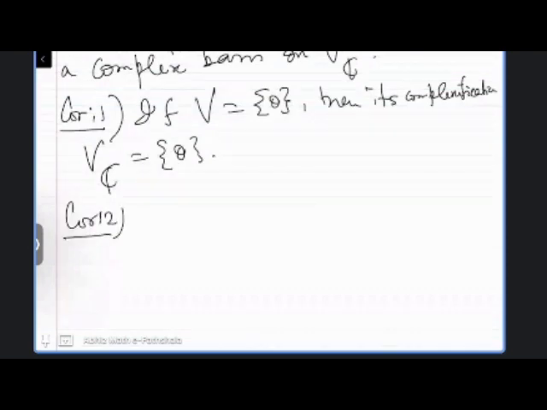Corollary two: suppose we are having a real vector space with finite dimension. Then what would be the dimension of its complexification?